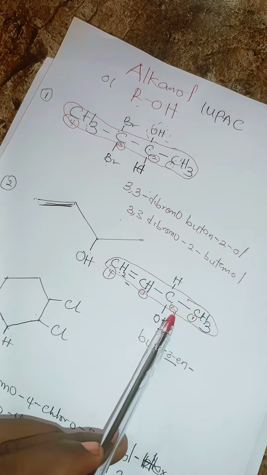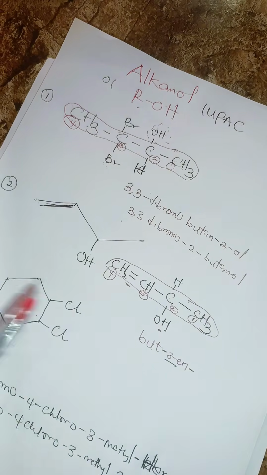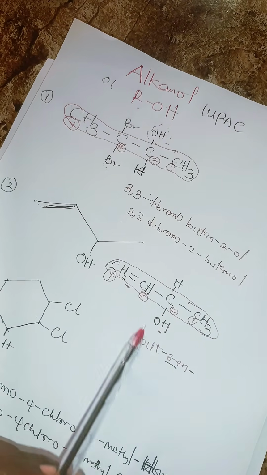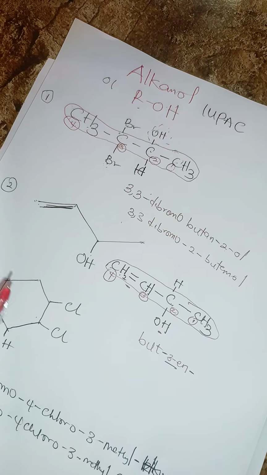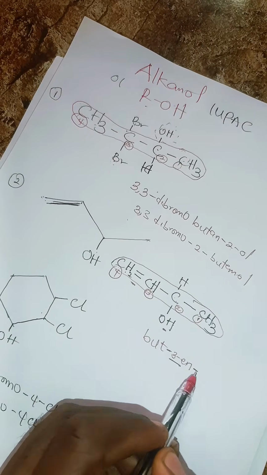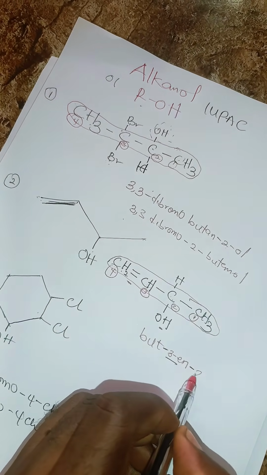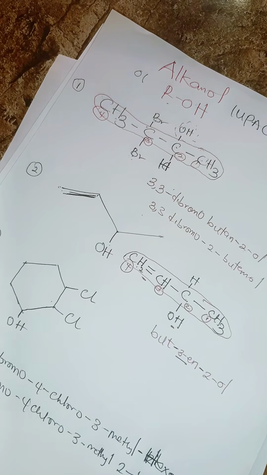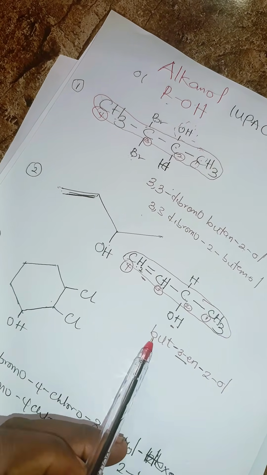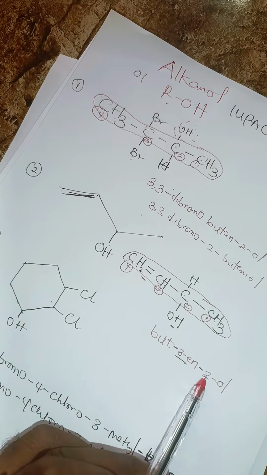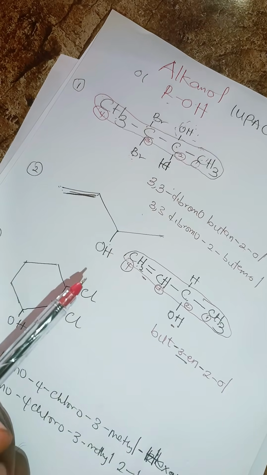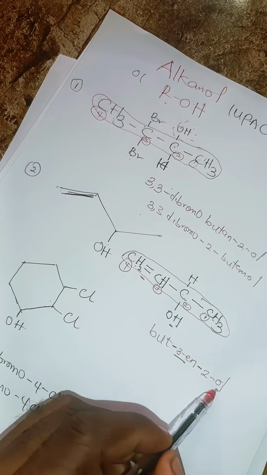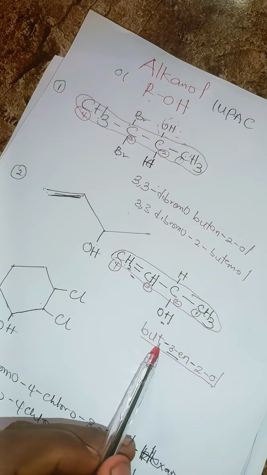then 1, 2. Our OH is in position number 2. If OH is in position number 2, that will be 3-en-2-ol. Is that okay? Or you can say 3-butene-2-ol, anyhow you have it. But when you see this naming, it's telling you that it is butan.